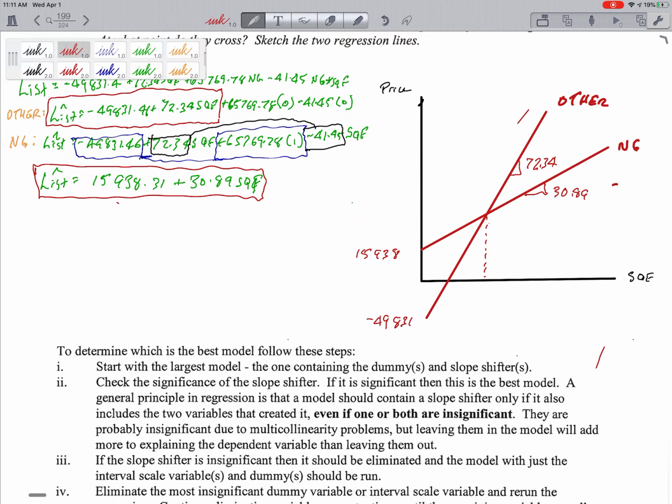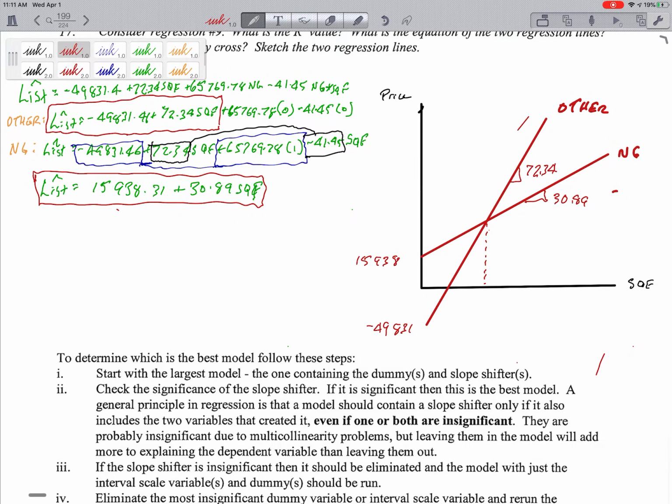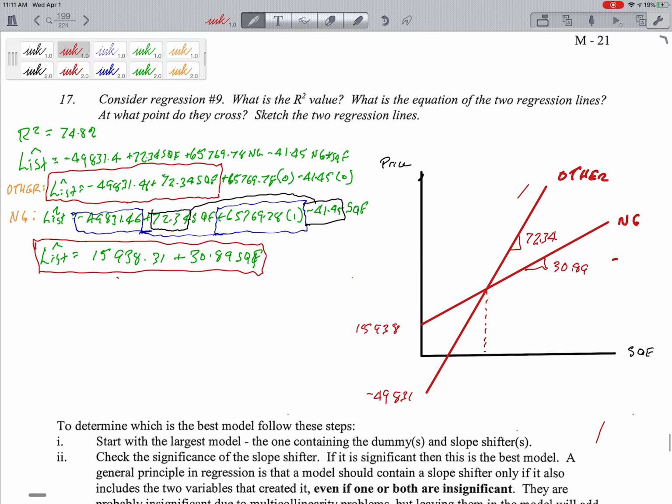Or you could subtract the other equation from the main equation, and the first two terms drop out, leaving this, which you set equal to 0.